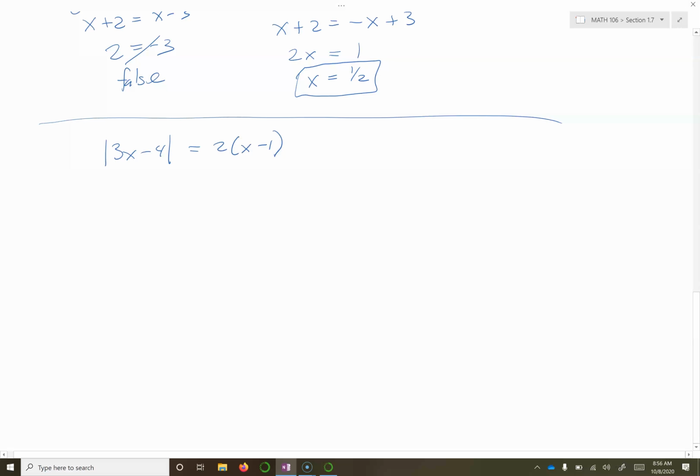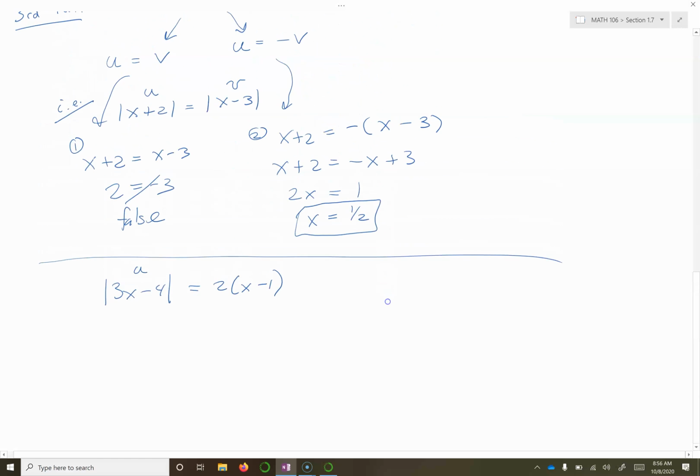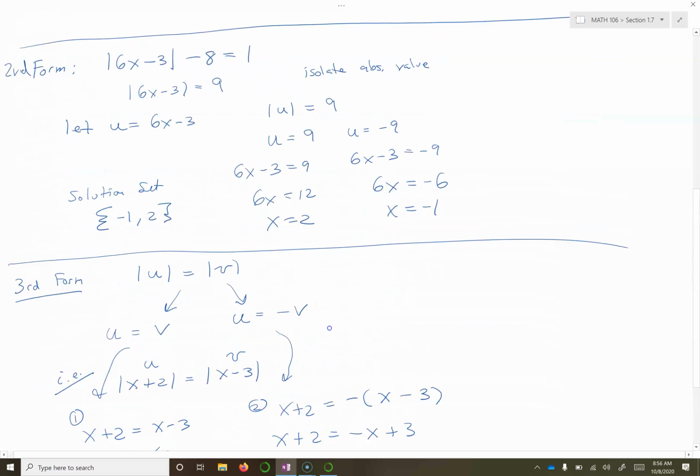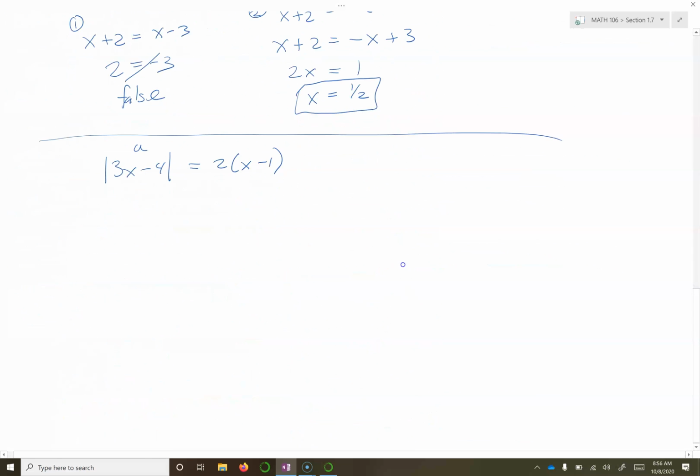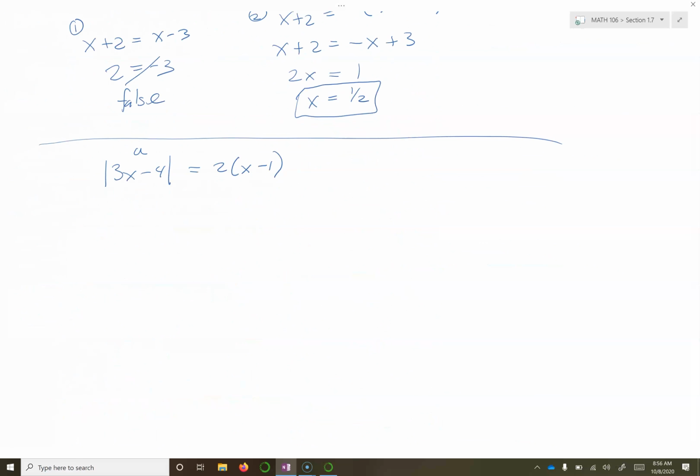So we have to make u something, right? Let's make u the thing inside of here. And doesn't this look a heck of a lot like form 2? We have some absolute value piece equal to something on the other side that's not in the absolute value. It may look like a different form, but it's really not.